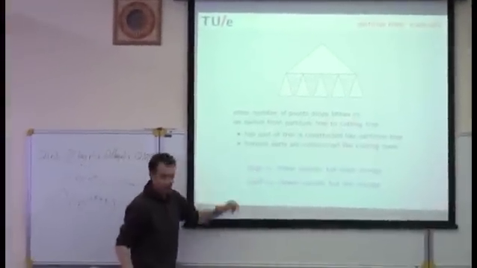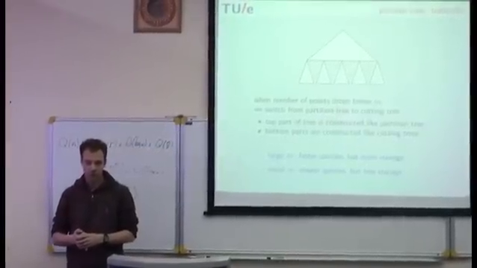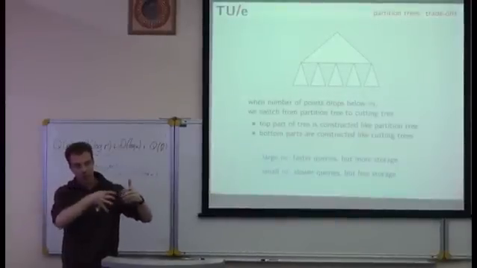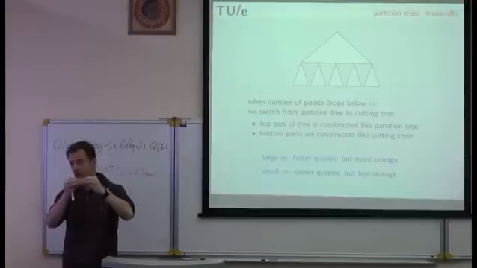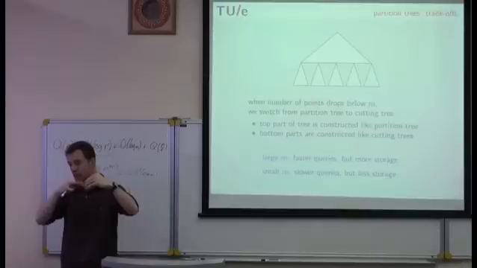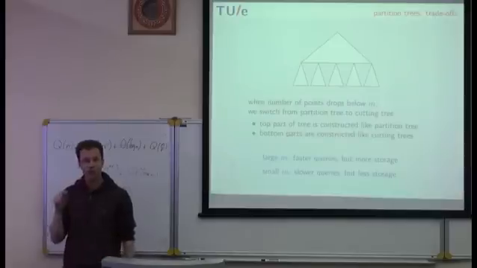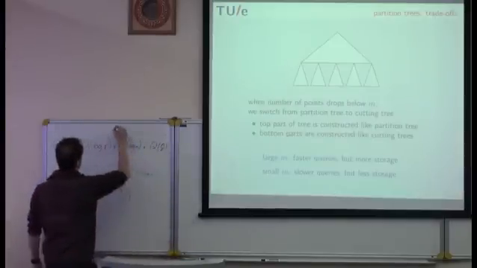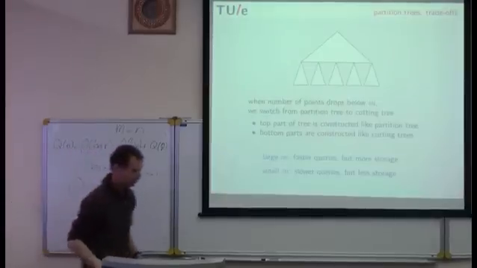So if I take a large m, what does it mean? Well, I'm going to switch from partition trees to cutting trees when the number of points is m. So if I have a large m, then I switch earlier. And the earlier I switch, the faster the query time will be. So what happens if I take m equals n?